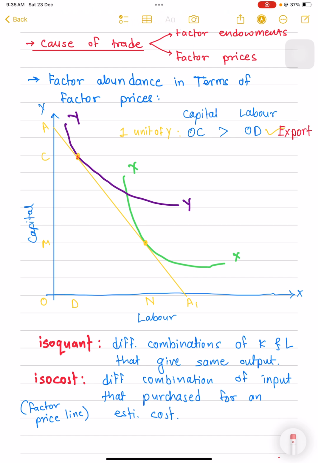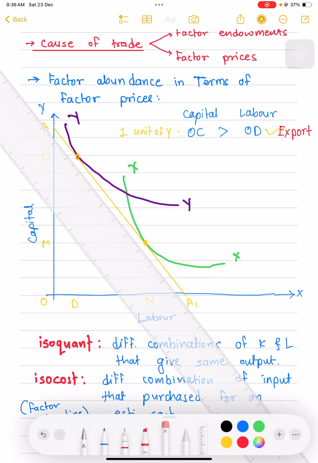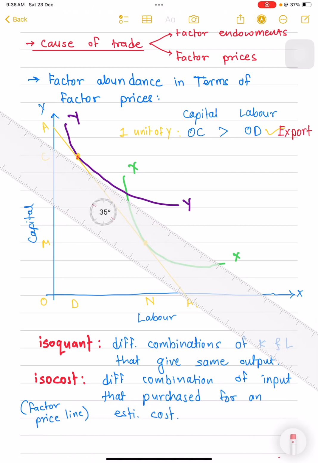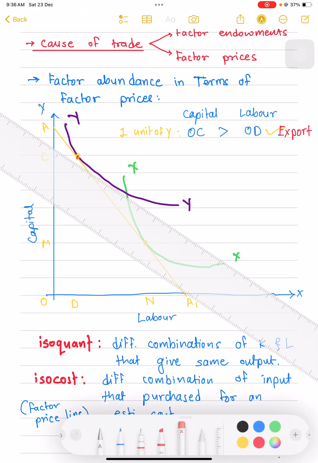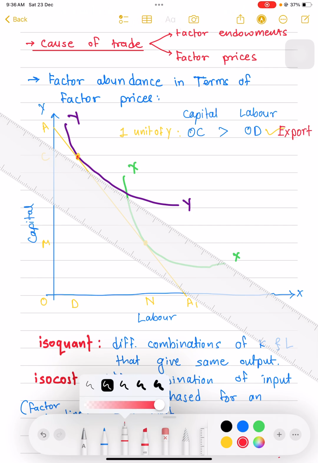A similar factor price line B2 is drawn; first you need to draw a flatter factor price line. A flatter factor price line. And we will use the color red for this.